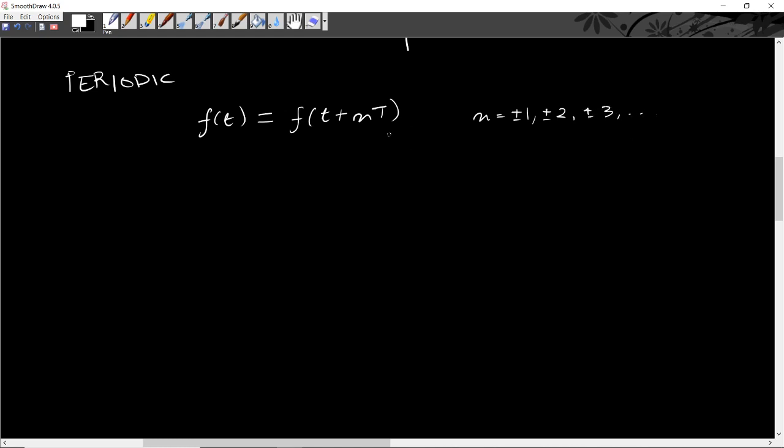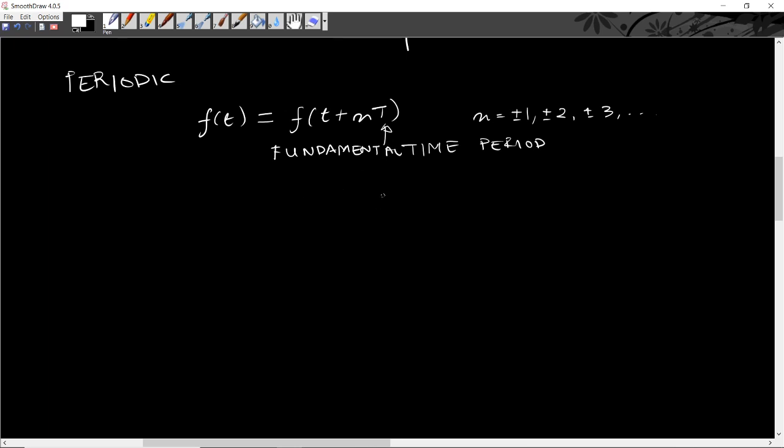Here capital T is called the time period, and note that T is the smallest number for which this property holds, and hence this time period T is called the fundamental time period.